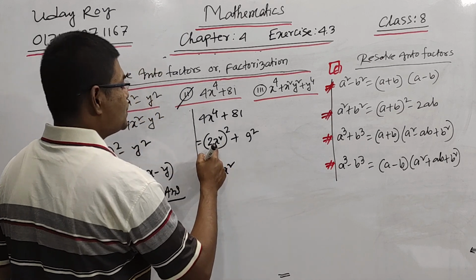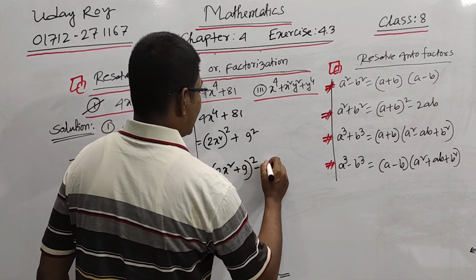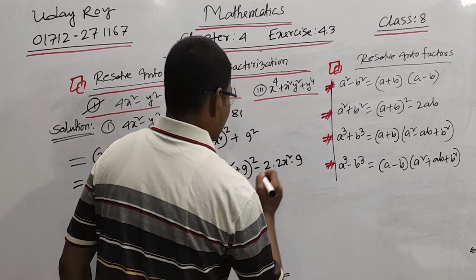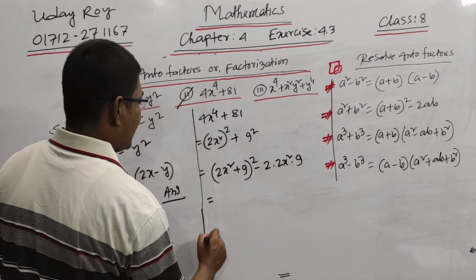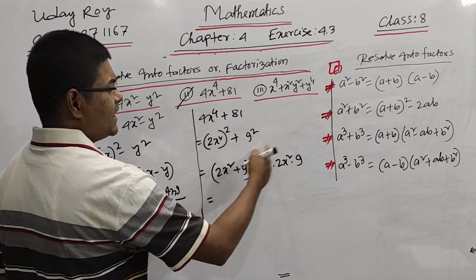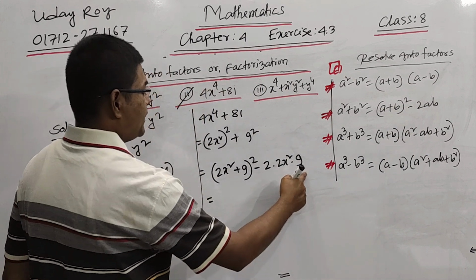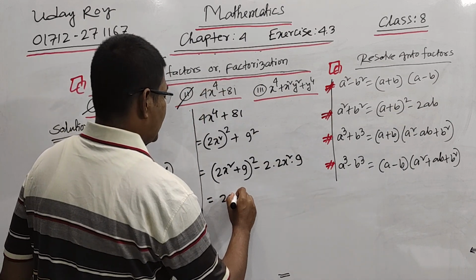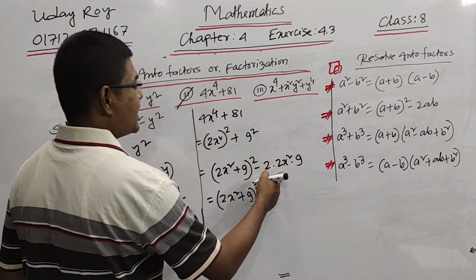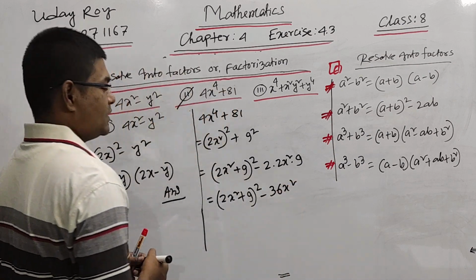Here a is 2x square. (a plus b) whole square minus 2ab. Let's come back. Here we have (2x square plus 9) whole square, that means (a plus b) whole square minus 2ab. 2ab is 2 times 2x square times 9, which is 36x square.